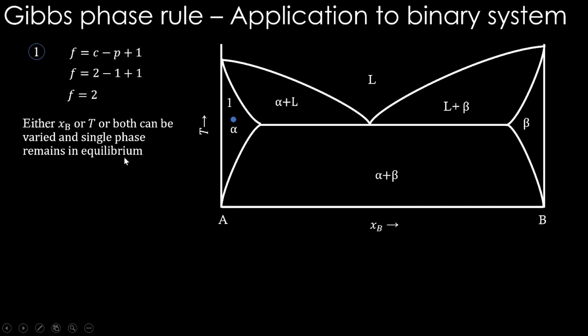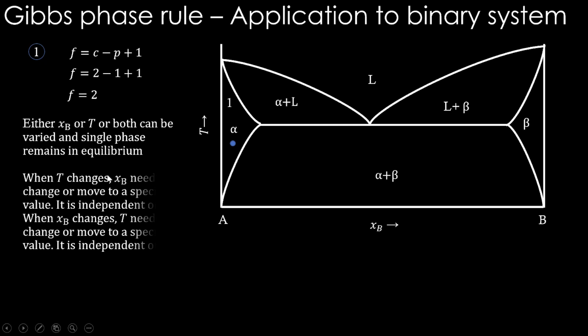For example, if I change the temperature from here to here, the single phase equilibrium is still there. Alpha is still in equilibrium, right? So when T changes, XB need not change or move to a specific value. When we see the next slide where we apply it to the two phase region, you will realize how XB needs to move there.